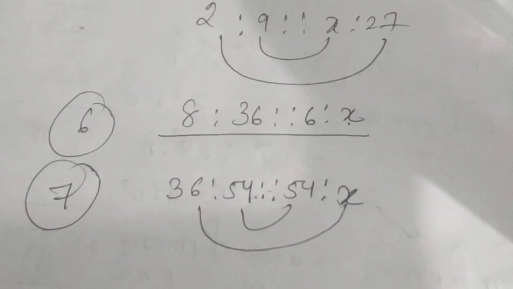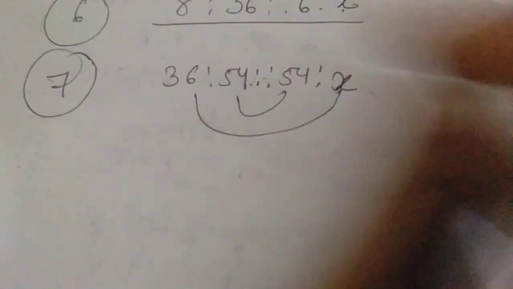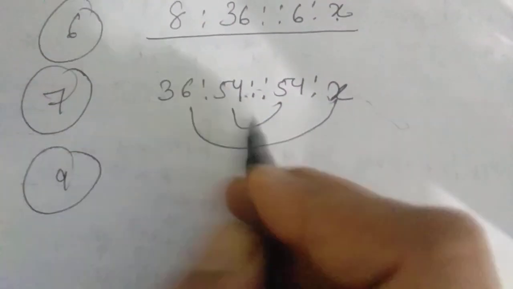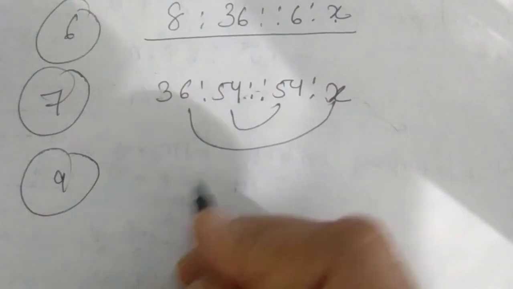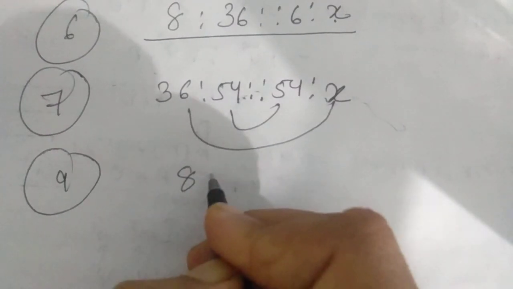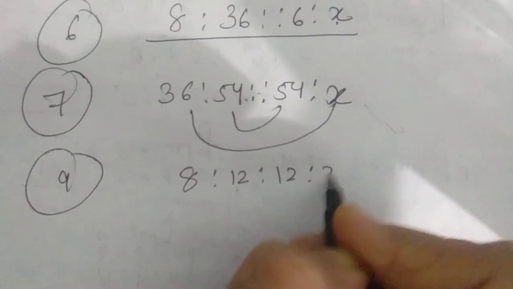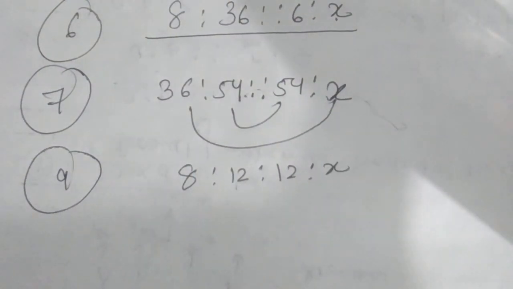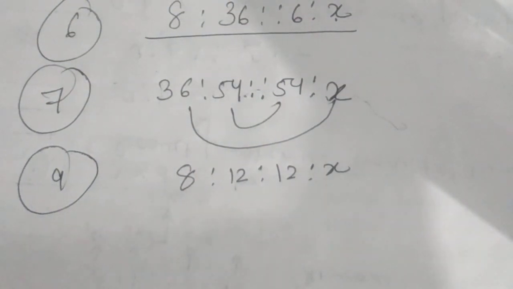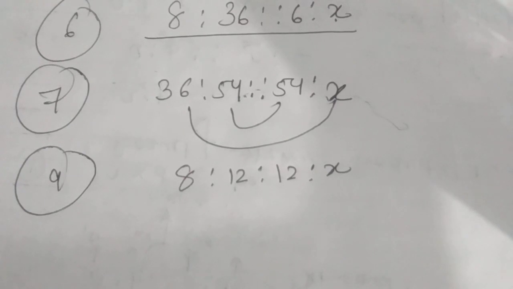Find the third proportional to 8 and 12. In question number 9, students, you have to do it like 8 and 12. So 8:12 is in proportion to 12 ratio x. So find the third. Similarly, you have to solve the other questions. Thank you, students. Have a nice day.